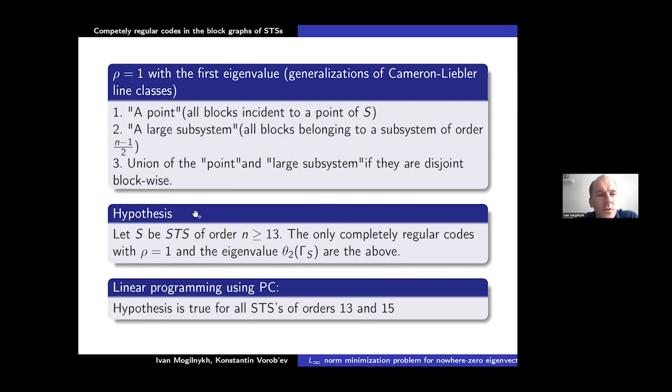With the first eigenvalue are those three. For n equal to 9, we have some counterexamples, but still for order 13 and order 15, where we have 80 isomorphism classes of Steiner triple systems of order 15 and 2 of order 13, this hypothesis is true.